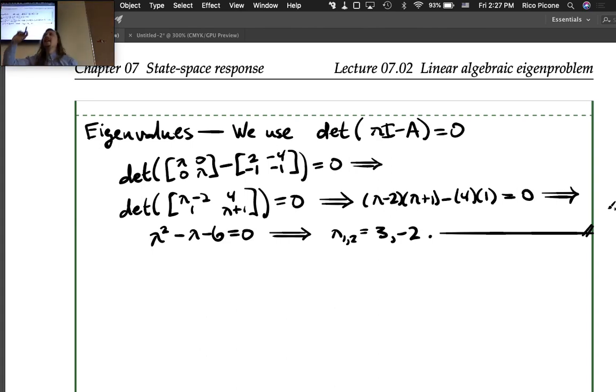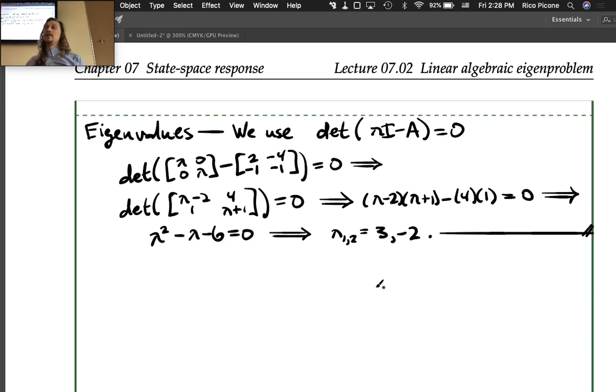So, okay, we've got our eigenvalues. What do they mean? What do our eigenvalues mean? So if this was our A matrix for our system, remember we found out that the eigenvalues are related to the roots of the characteristic equation, which governed the transient response and stability of the system, right? So these eigenvalues govern the stability of the system. Is this system stable?